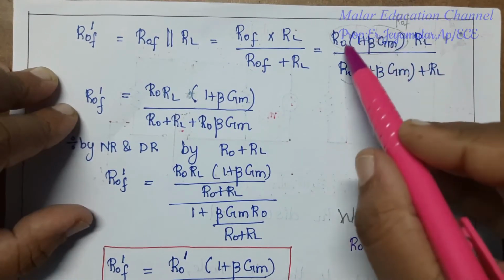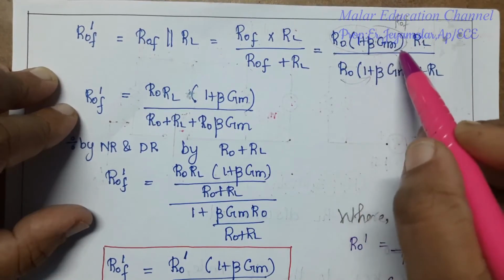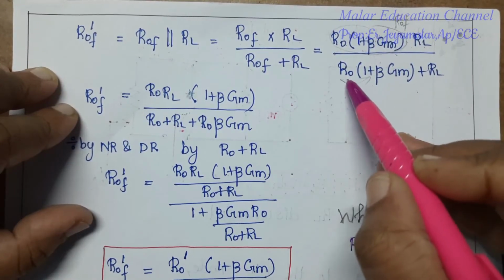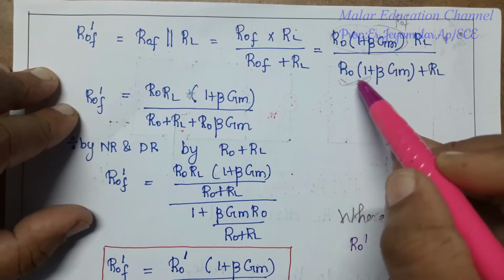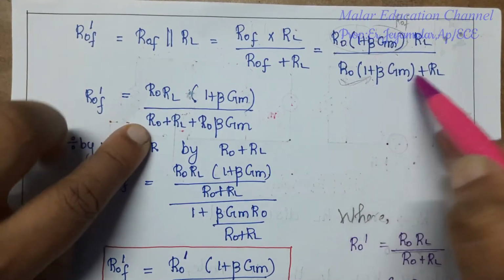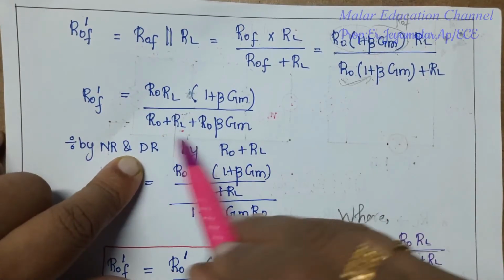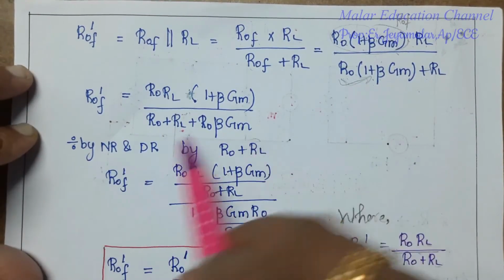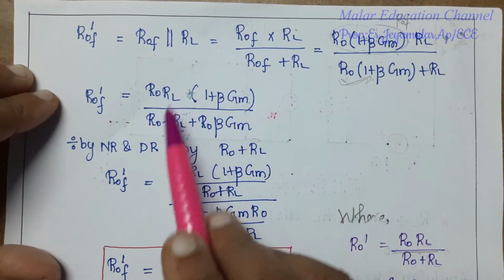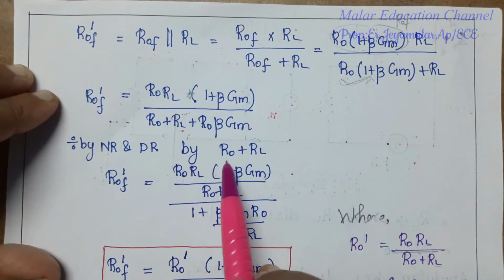Next step, numerator R naught RL into 1 plus beta into Gm, the whole divided by R naught to the inside. Multiply R naught to the inside. So R naught plus RL plus R naught into beta into Gm. It's a denominator term. Next step, numerator as well as denominator divided by R naught plus RL.